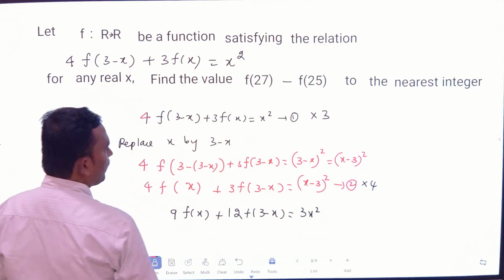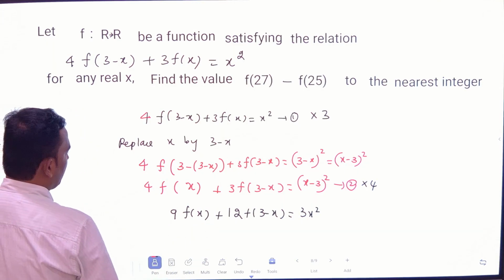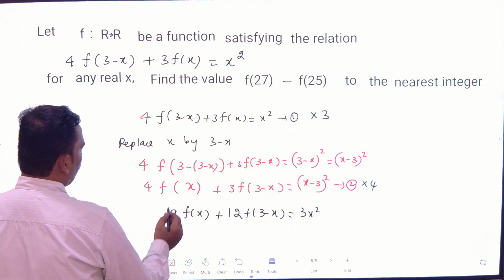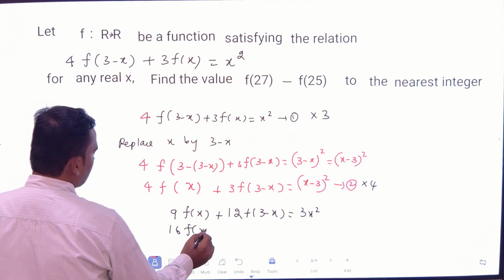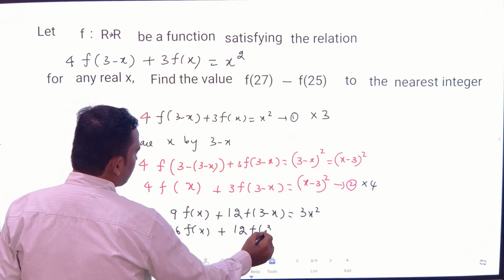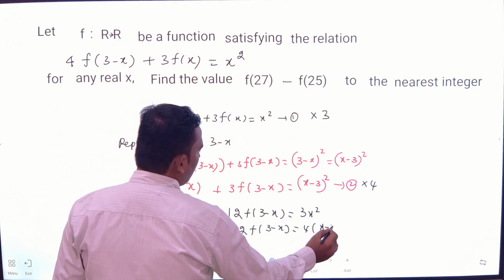Then the second one, multiply by 4: 4 into 4 is 16 f of x plus 4 into 3 is 12 f of 3 minus x, equal to 4 into x minus 3 whole square.